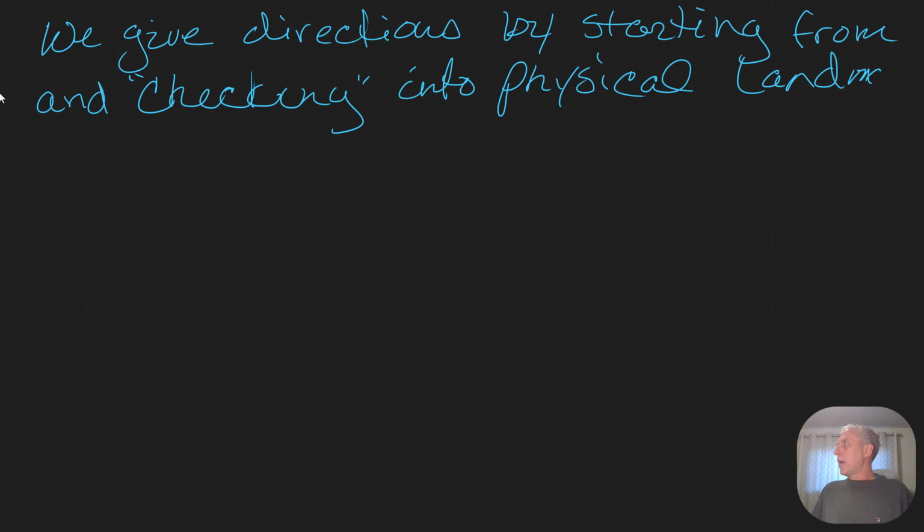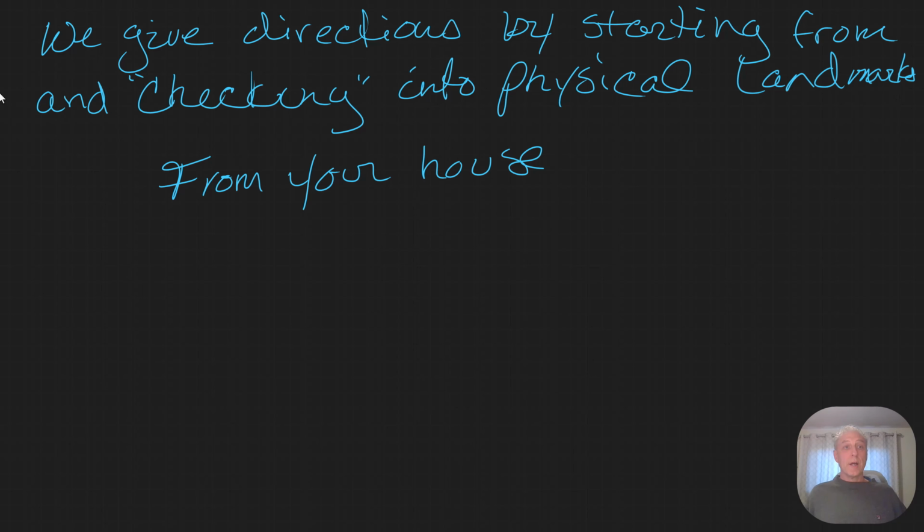So I might say, okay, from your house, so there's a starting point. That's a physical landmark, right? That the audience and I both understand the position. That would be much like an NGS baseline or monument in the ground.